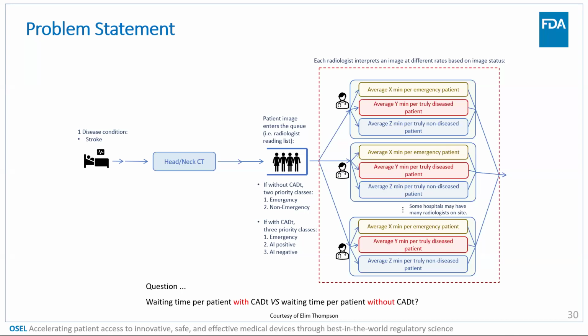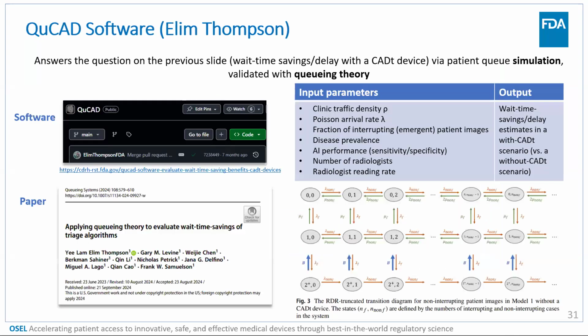The overarching question is: can we model or predict waiting time per patient, specifically diseased patients, in a with-CAD-T versus without-CAD-T scenario, with a number of different input parameters, such as read times, traffic, disease prevalence, and so on.